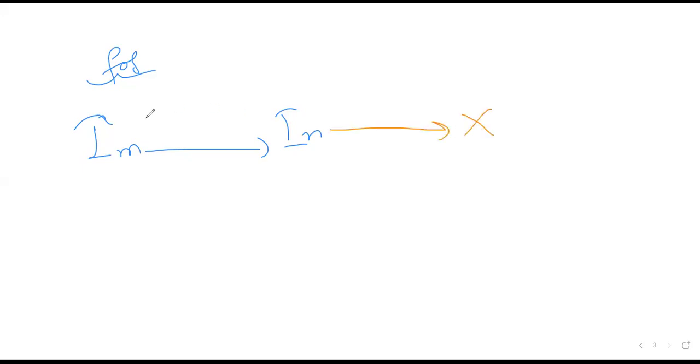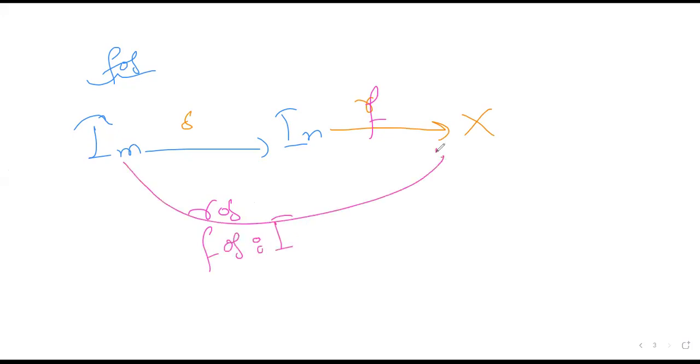If we compose the path with the shrinking map, meaning we have a shrinking map from I_m to I_n and a path from I_n to X, we can compose gamma with S, or we can say f composed with S, as a path from I_m to X. What type of map?